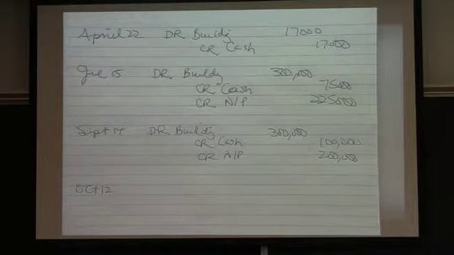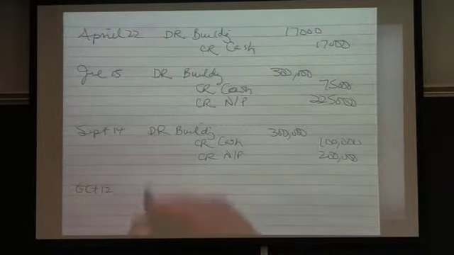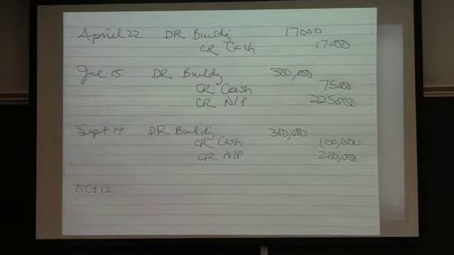So it's important for us to create another account because remember, land we can't depreciate. It's one of those assets that we don't depreciate. But these land enhancements, like parking lot, driveways, and sidewalks, the benefit doesn't last forever.